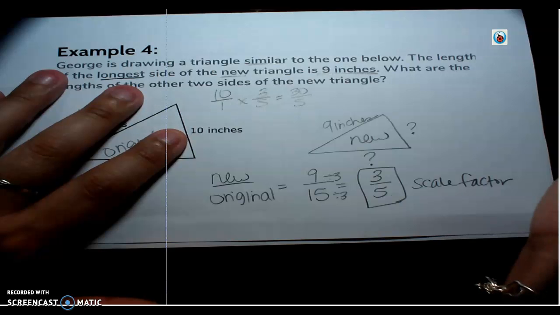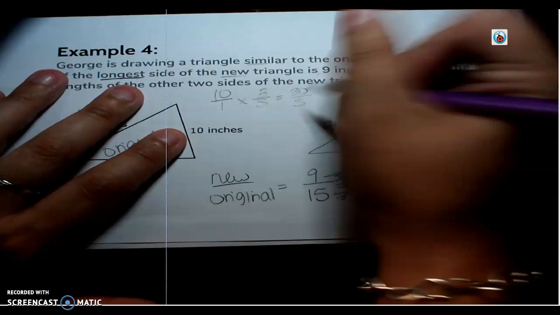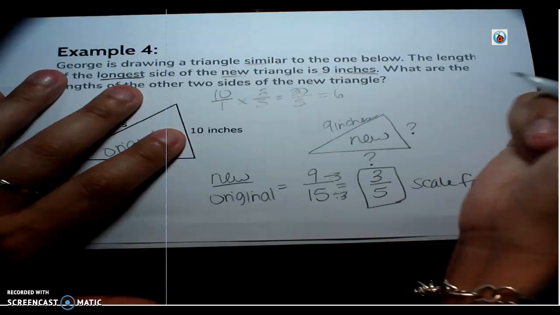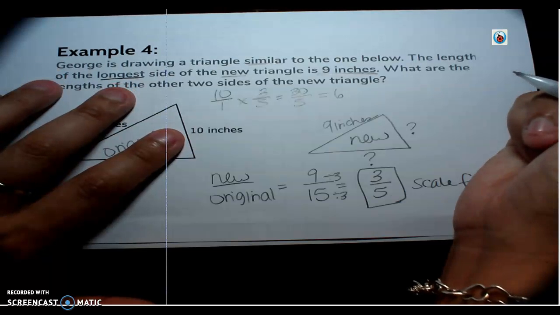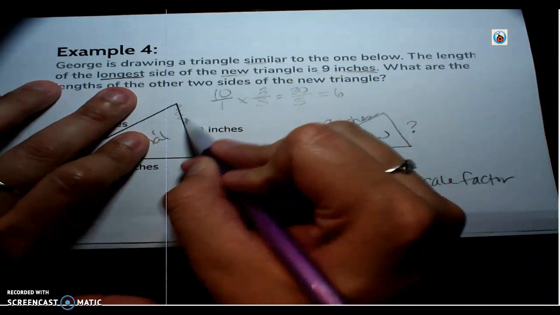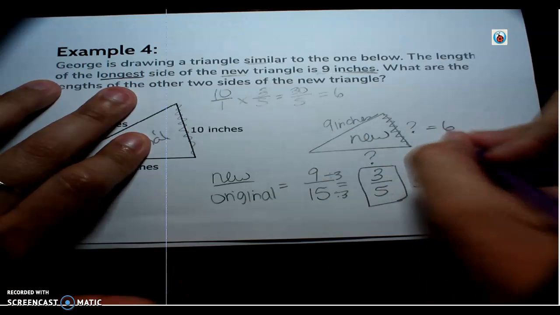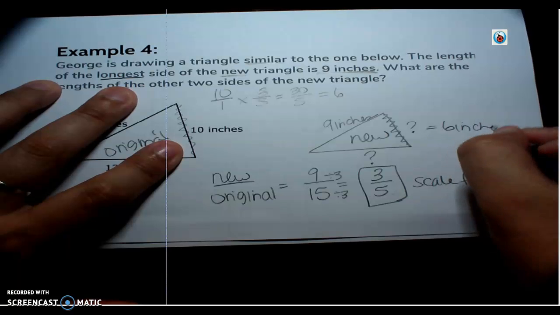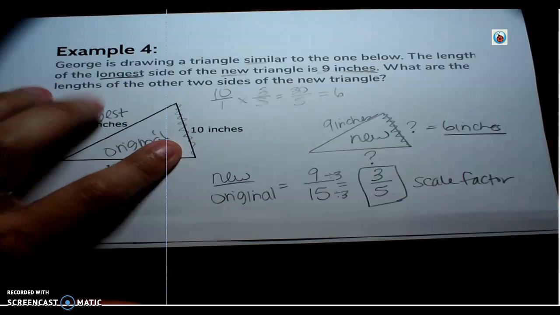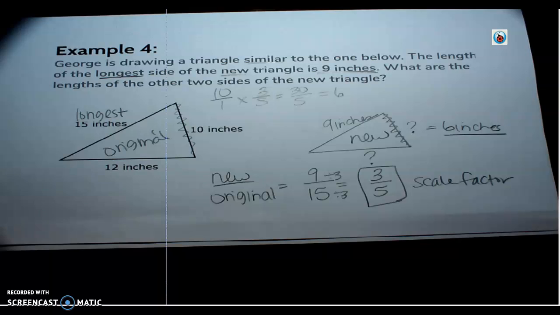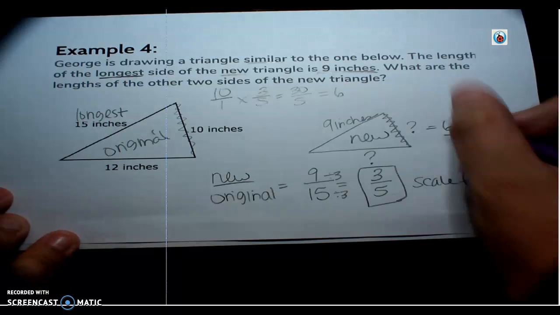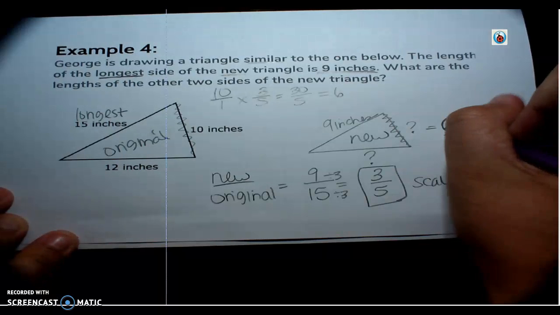I get an improper fraction, which just means to divide. 30 divided by 5 equals 6. So it looks like this part here, which corresponds with this part here, will be equal to 6 inches using the scale factor of 3/5. So this part is 6 inches.